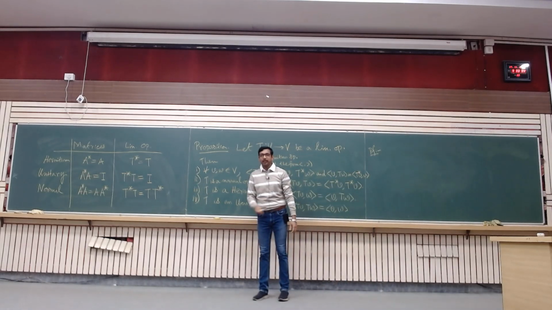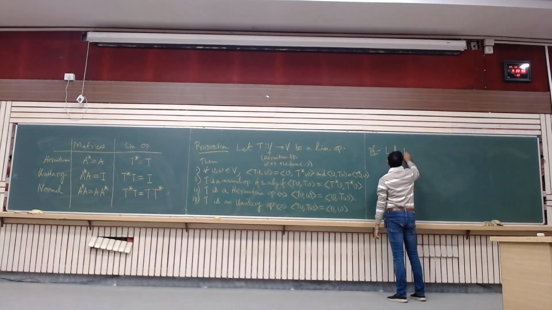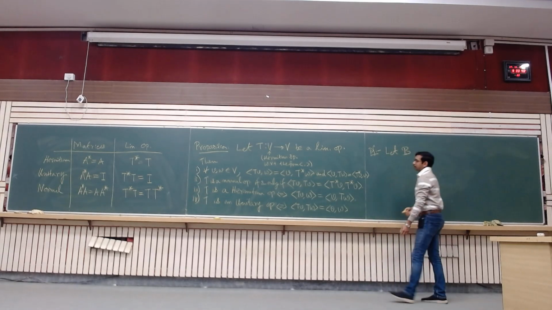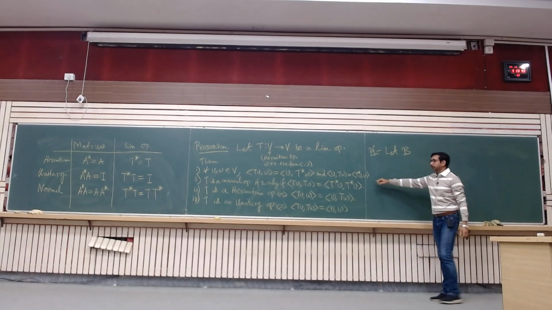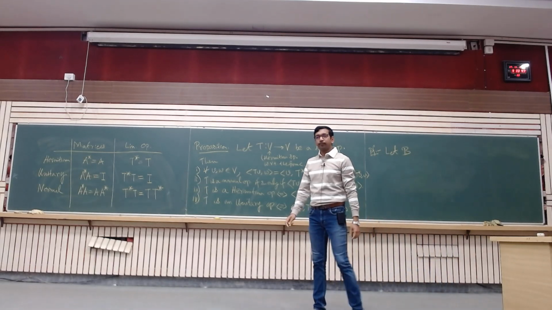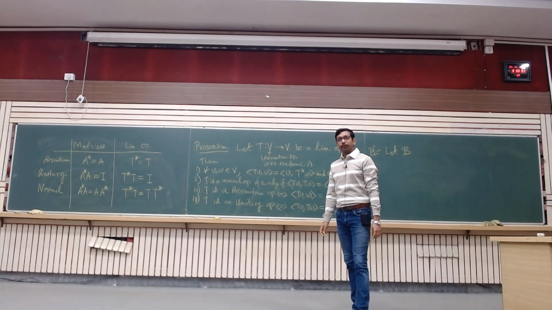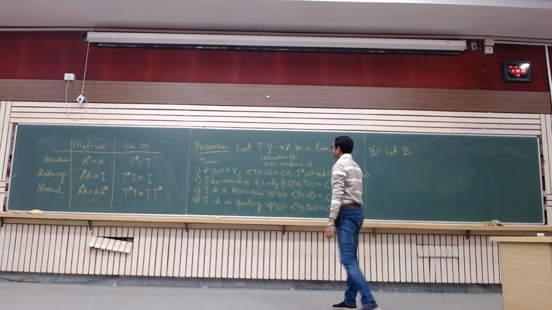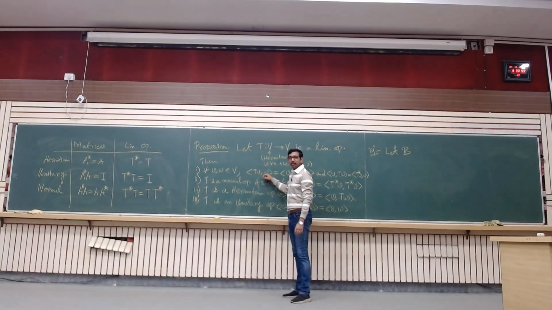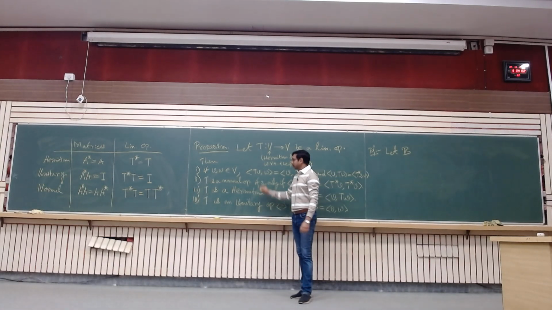Let B be a basis of V. Let's actually choose B to be an orthonormal basis, though we don't need it here, but for the next ones, yes. This T? T is not a constant, it's an operator, right? So it doesn't come out.